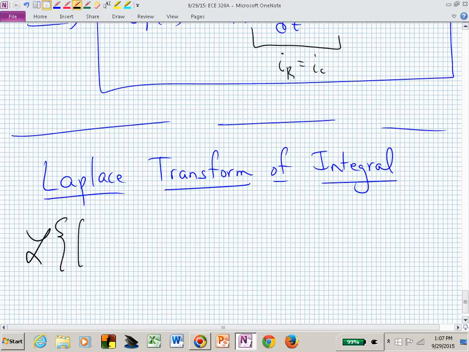We're now Laplace transforming this integral from 0 minus to t of f of tau d tau.